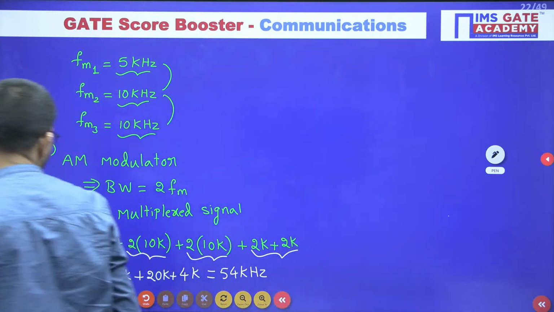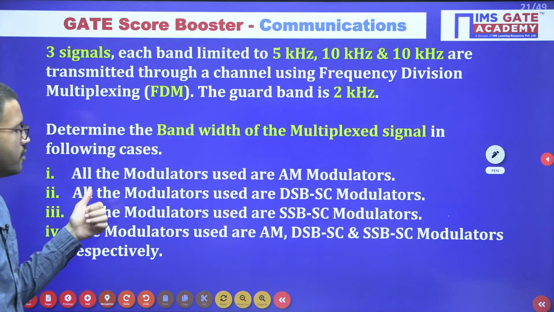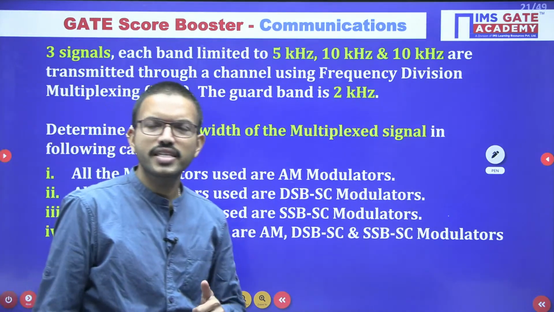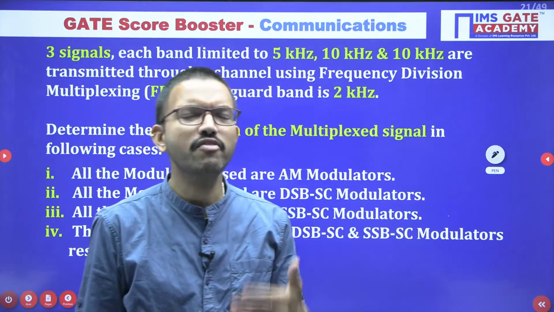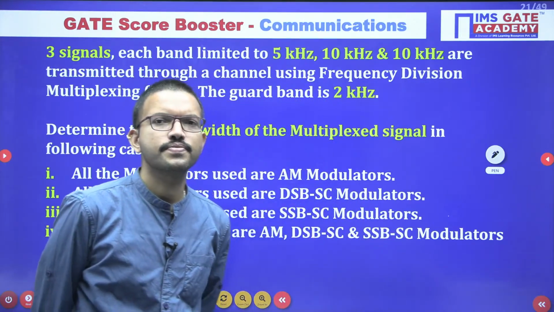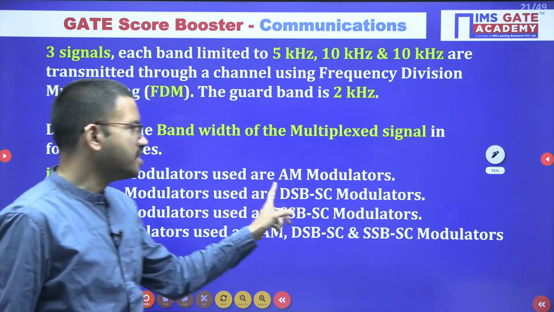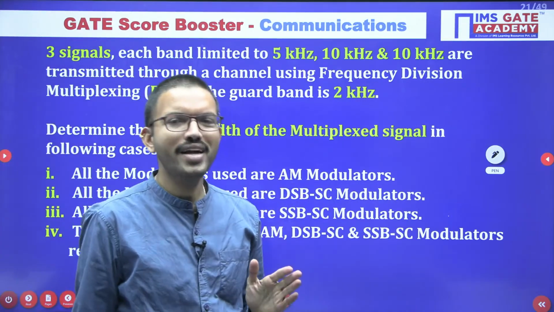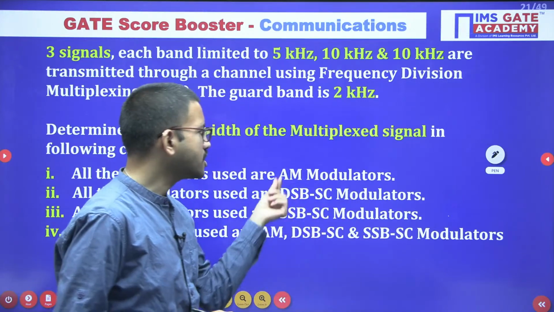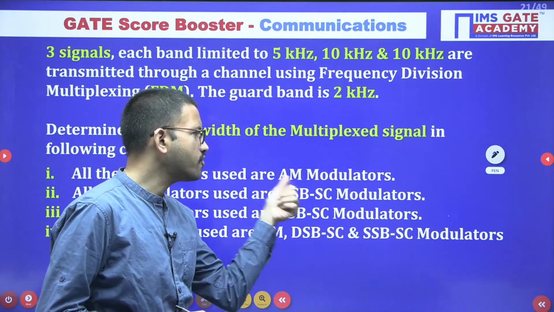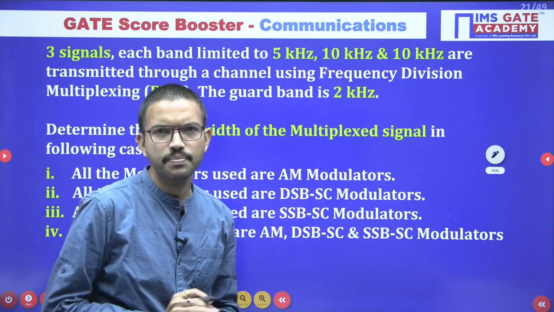Now case 2. In case 2, all the modulators are DSBSC. Whenever you are using a DSBSC modulator, what is the bandwidth of the DSBSC signal? In the AM signal, you have both the sidebands and also the carrier signal. So the maximum and minimum frequencies of the AM signal and the DSBSC signal are the same.